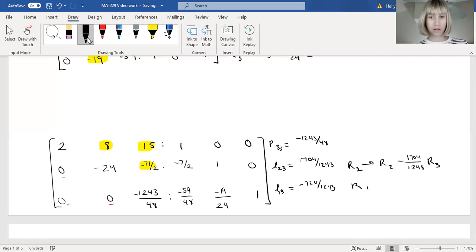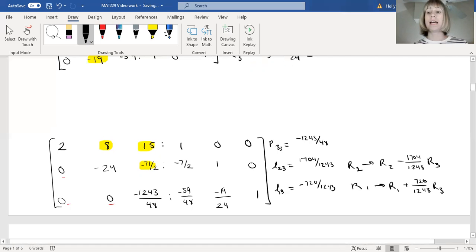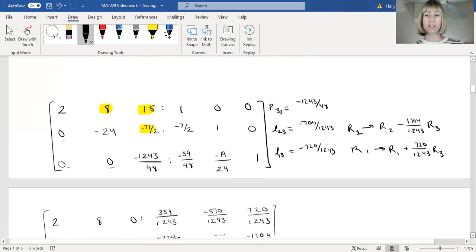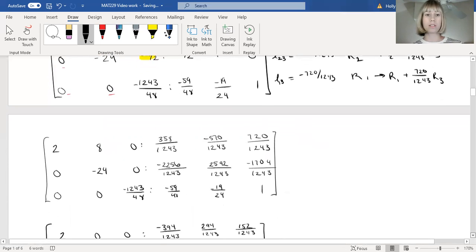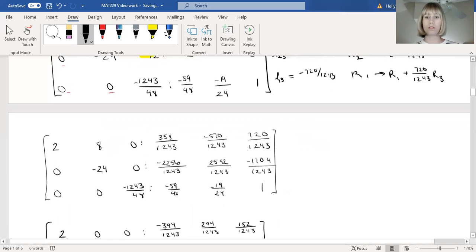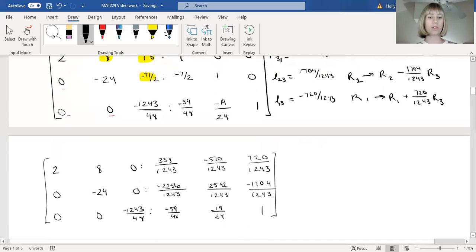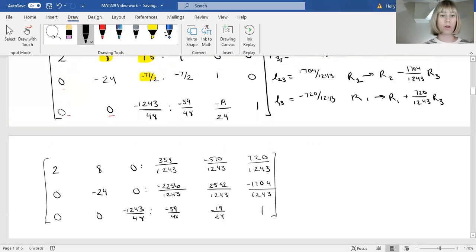For R1, our row operation will be R1 plus 720 over 11243 times R3. Okay, so we conduct those row operations, we get this resultant matrix. Don't want to spoil the punchline down there. Okay, so we have our resultant matrix here after conducting those 2 row operations.